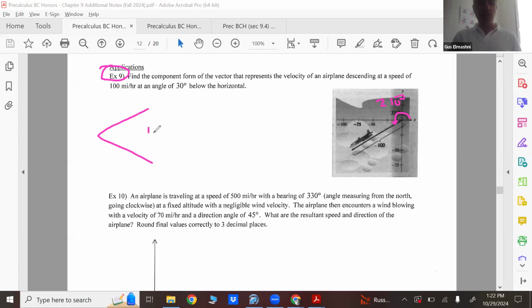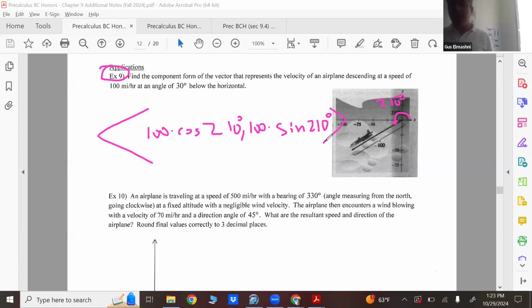So your vector would be like this: 100 times cosine, because cosine is horizontal, and sine is vertical. At this point, I trust you guys can do the calculation afterwards. I'll leave it at that. I'm not going to squeeze in example 10. We'll save that for another time.